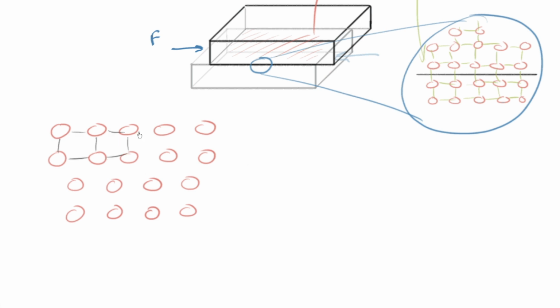So if I sketch in the nearest neighbor atoms here, that is the direction that the atoms are bonded to one another, you'll start to see where this imperfection is. Okay, so it's a certain type of imperfection, but it's a crystalline imperfection.